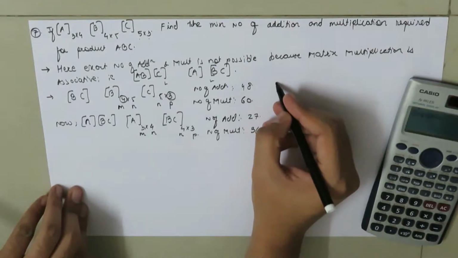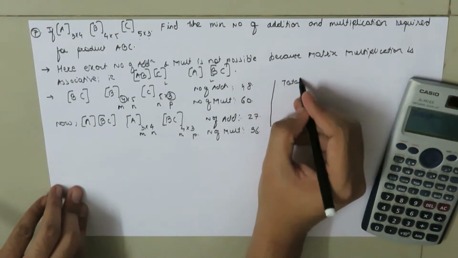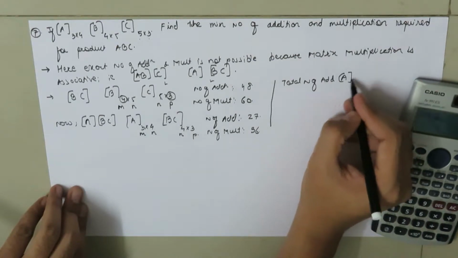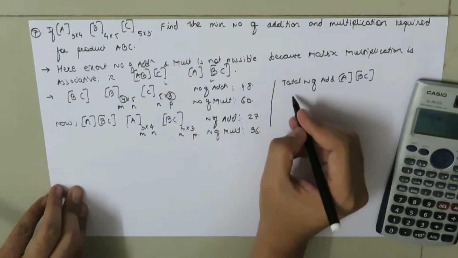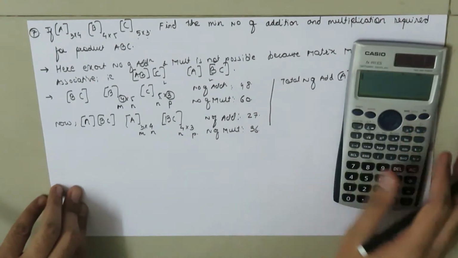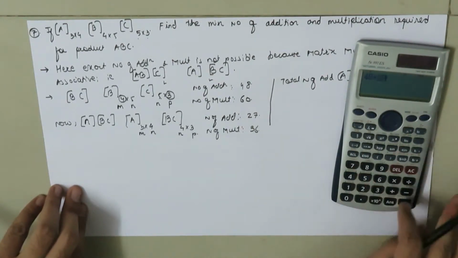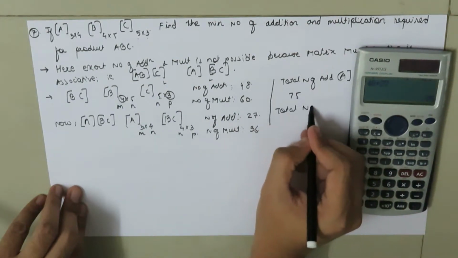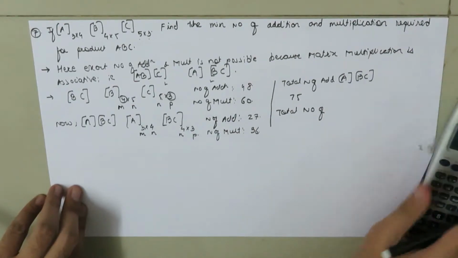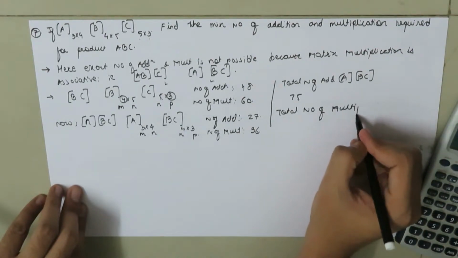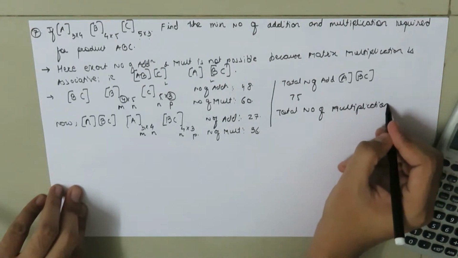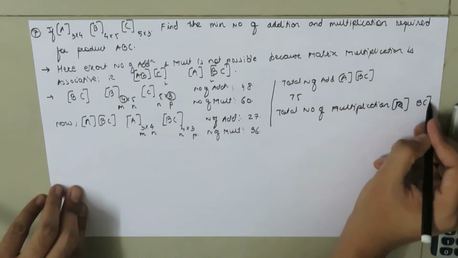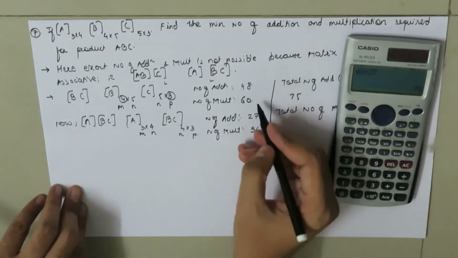So the total number of additions in multiplying matrix A with matrix BC is 48 plus 27, so that is 75, and the total number of multiplications in multiplying matrix A with matrix BC is 60 plus 36.